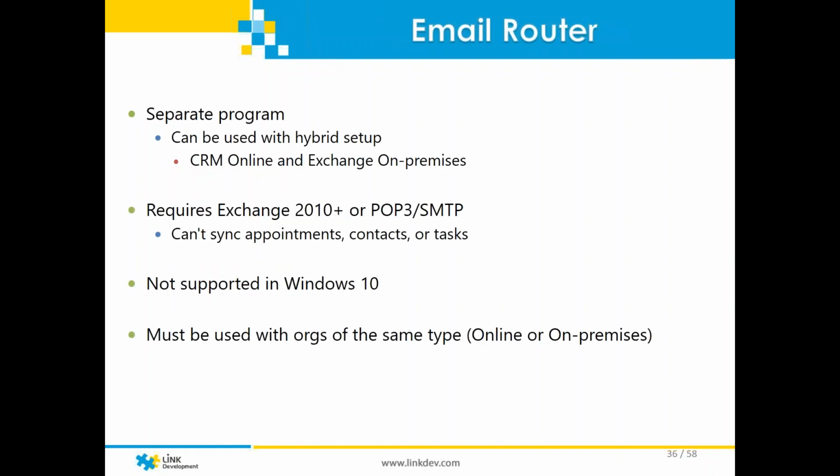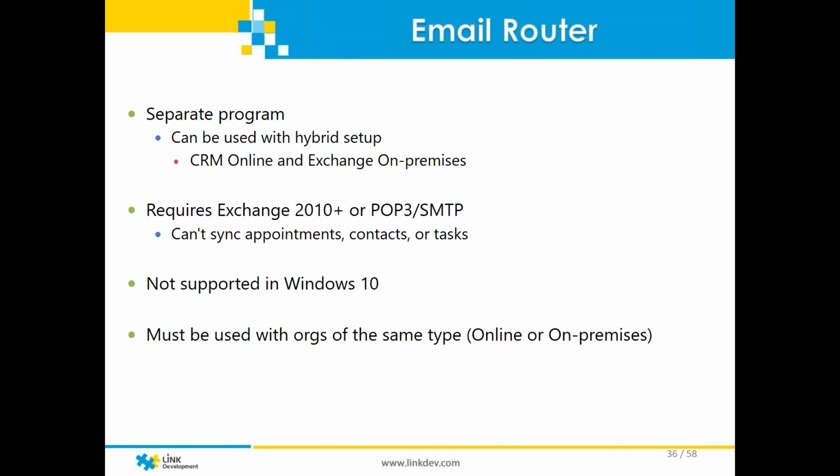First of all, the email router is a separate program. It's something that's installed on a server, separate from CRM, and what it does is check CRM and the email accounts every minute or whatever interval you have set. It checks your email account: are there new messages?